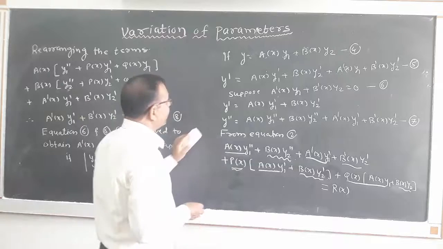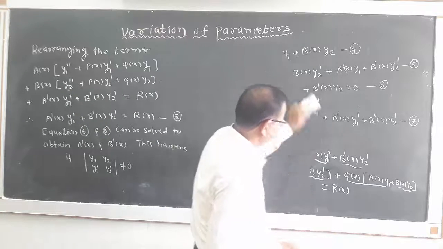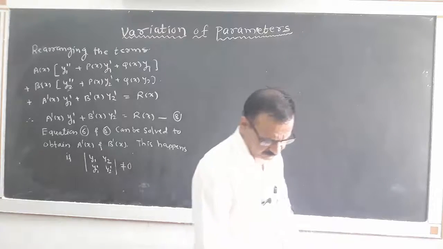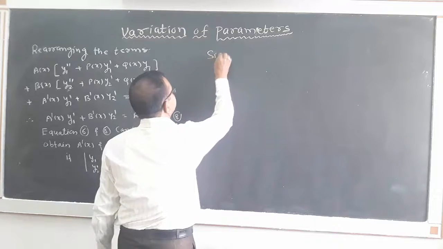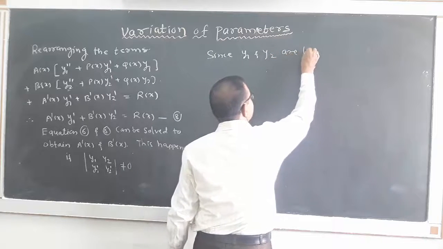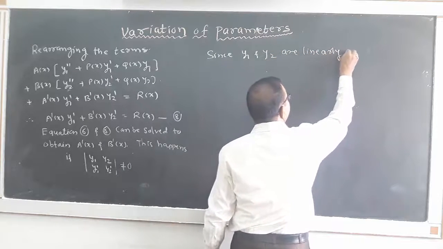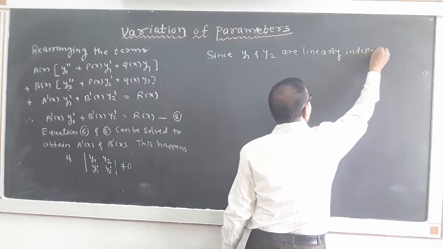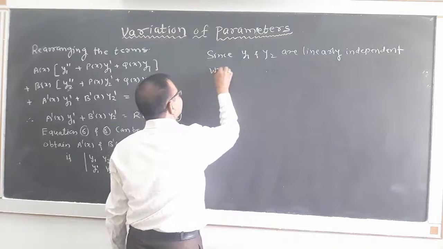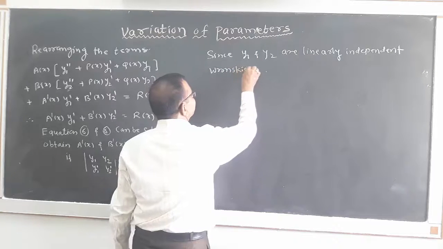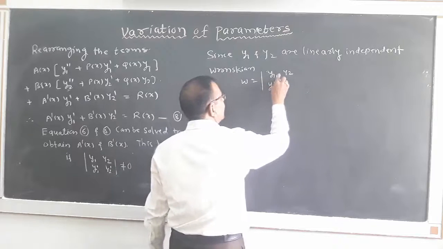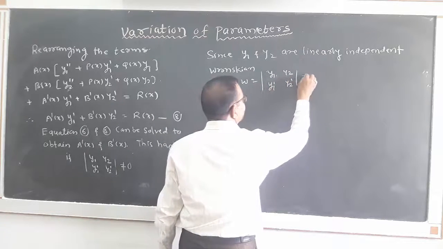Since y1 and y2 are linearly independent, the Wronskian W, the determinant of y1, y2, y1 dash, y2 dash, does not vanish.